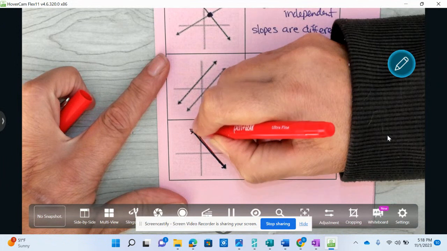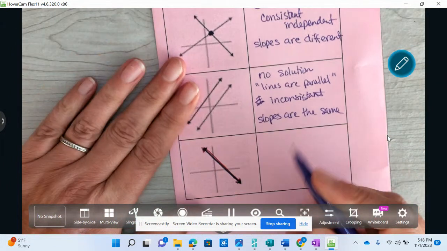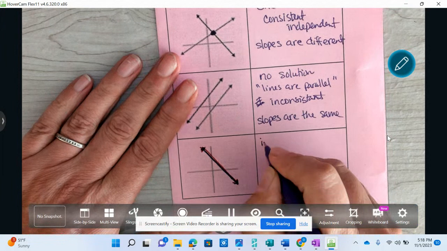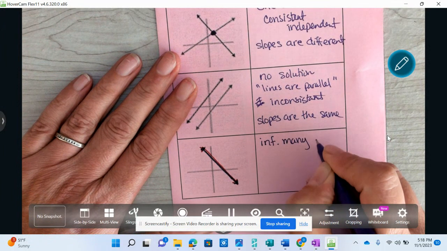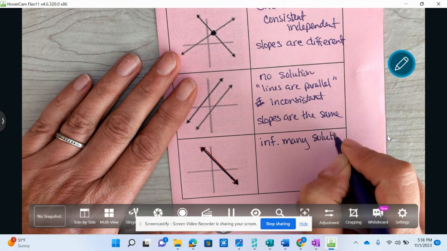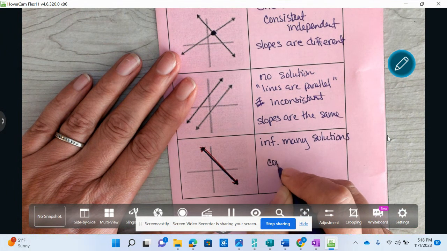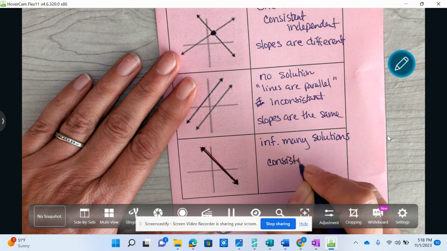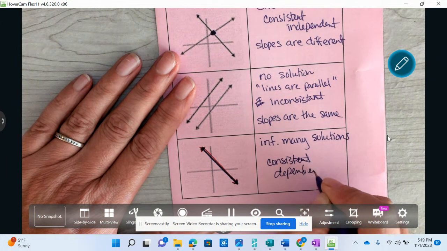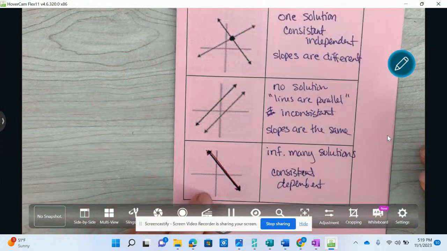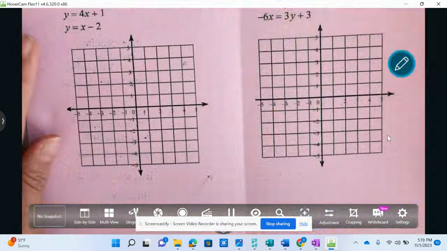But I'm drawing them right over the top of each other because this has infinitely many solutions. And this is called consistent, dependent. Okay, consistent, dependent. So now let's go ahead and look at our two examples.